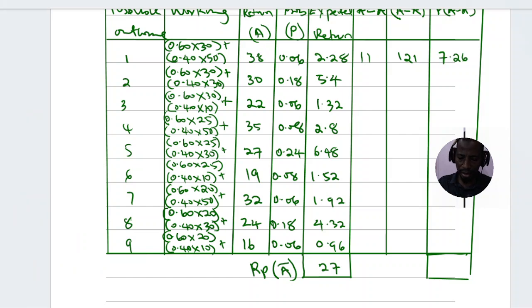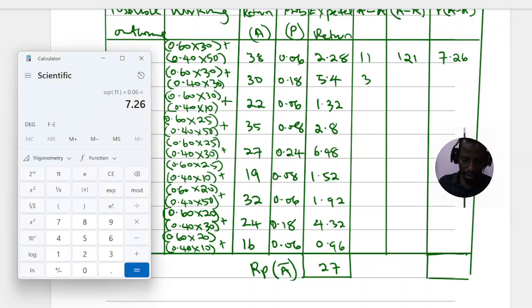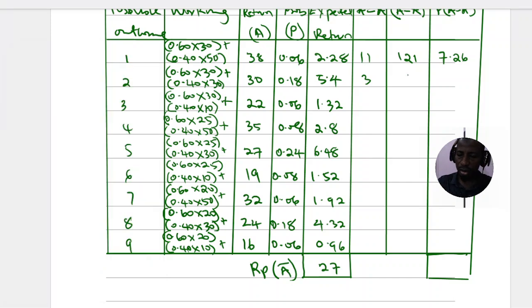Next one, 30 minus 27 will give us 3. 3 squared is equal to 9. Then multiply by the probability of 0.18, that's 1.62.